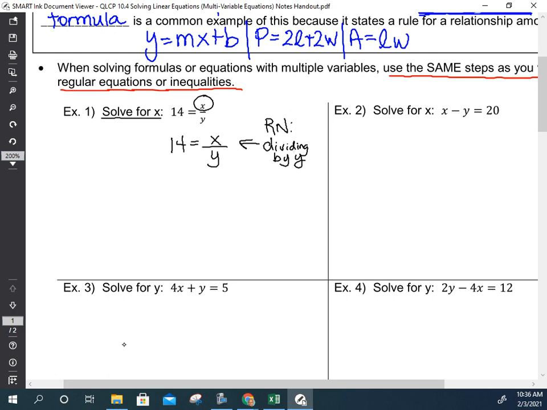Multiplication. So that means you're going to have to multiply both sides by y to get rid of it. Multiplication and division are opposites, so the y's drop out.